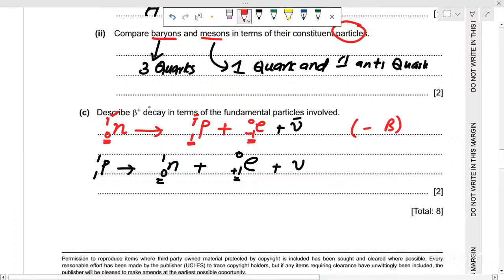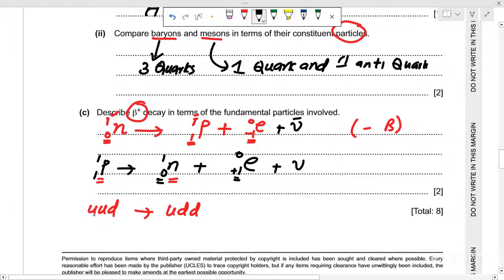So we have to mention beta positive decay in terms of fundamental particles. Proton is not a fundamental particle, neutron is not a fundamental particle. Proton is based on three quarks, up, up, down, whereas neutron is up, down, down. So you can see which quark is converted to which quark.